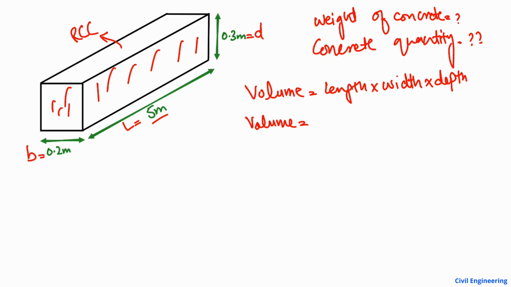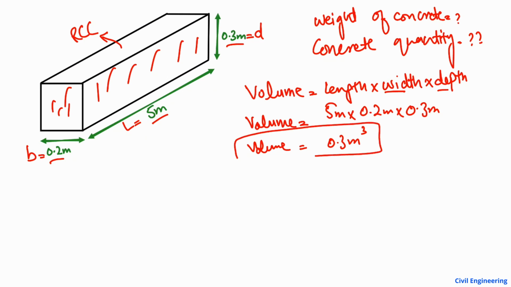So now the length of the beam is 5 meter, given to us, the width of the beam is 0.2 meter, and the depth of the beam is 0.3 meter. By multiplying this, the volume of the beam comes out to be 0.3 cubic meter. Now 0.3 cubic meter is the volume of the concrete present in this beam.